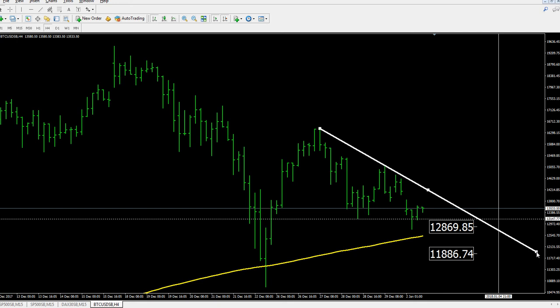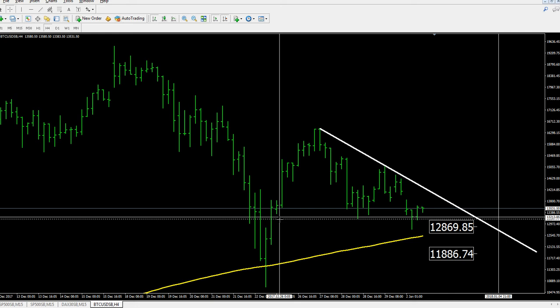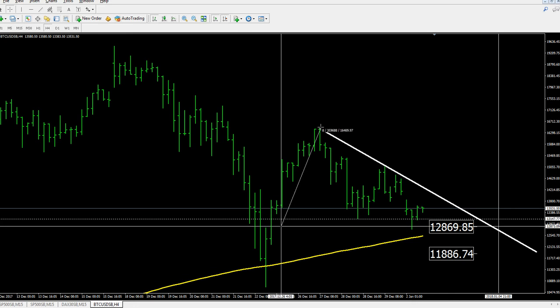So sit on your hands, do nothing, wait for the 200 period moving average to catch up with price, and then once we've got a touch of the 200, look for the first bar that touches it, put your order above it, and if you had done that trade and you hadn't been very greedy, you would have made 3,600 and something points. Very, very good trade, and it didn't go against you one single penny.